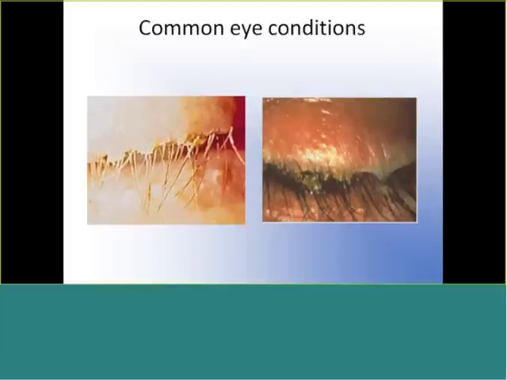Blepharitis can occur because of dysfunction of the meibomian glands, because they become blocked, or the oily secretion is very thick, or it can occur because of staphylococcal disease of the lashes. And in front of you, you'll see some lashes which are matted with dandruff-like material. And this provides a fantastic ground for bacteria to become quite active.